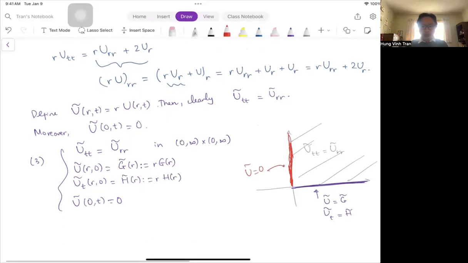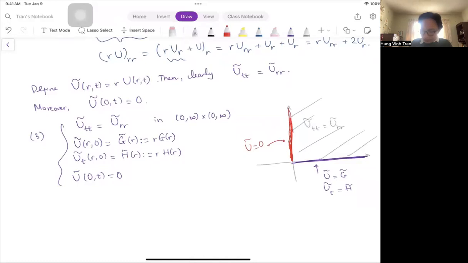So we do have this, and we did it earlier: we can perform odd reflection to solve the problem.